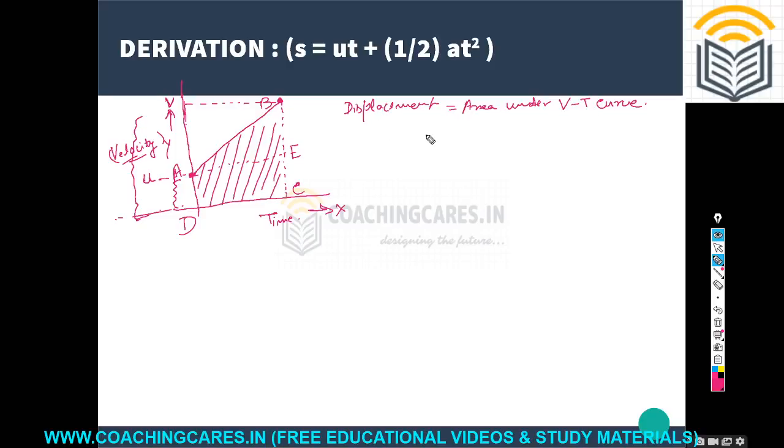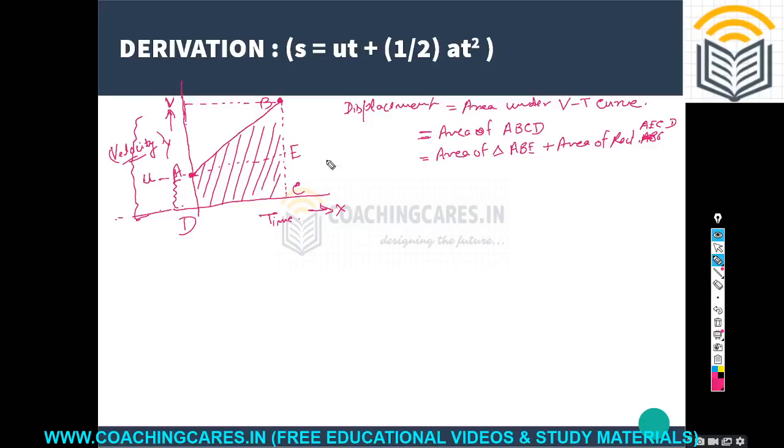So this displacement will be equal to, according to this statement, the area of ABCD, which is nothing but the area of triangle ABE plus the area of rectangle AECD.